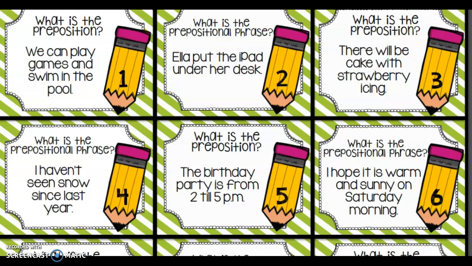They tell about the direction, or they show where something is. So, what is the preposition in number 1? We can play games and swim in the pool. We can play games and swim where? In. That's where. In the pool. So the preposition would be in.